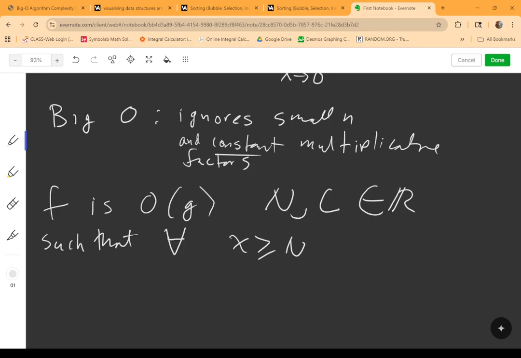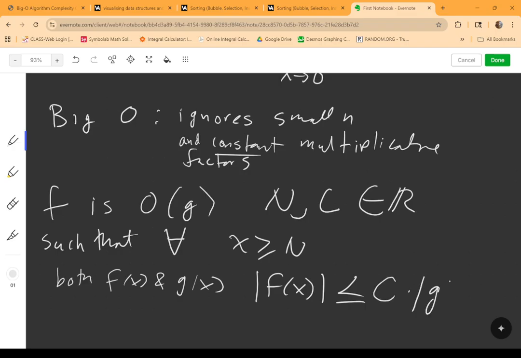this behavior sticks, right? Maybe at the beginning it might not be clear, but after some point, then that is true. So what happens is that for both f(x) and g(x), the absolute value of f(x) is less than or equal to the absolute value of g(x), with the exception of some constant factor c being multiplied by it.